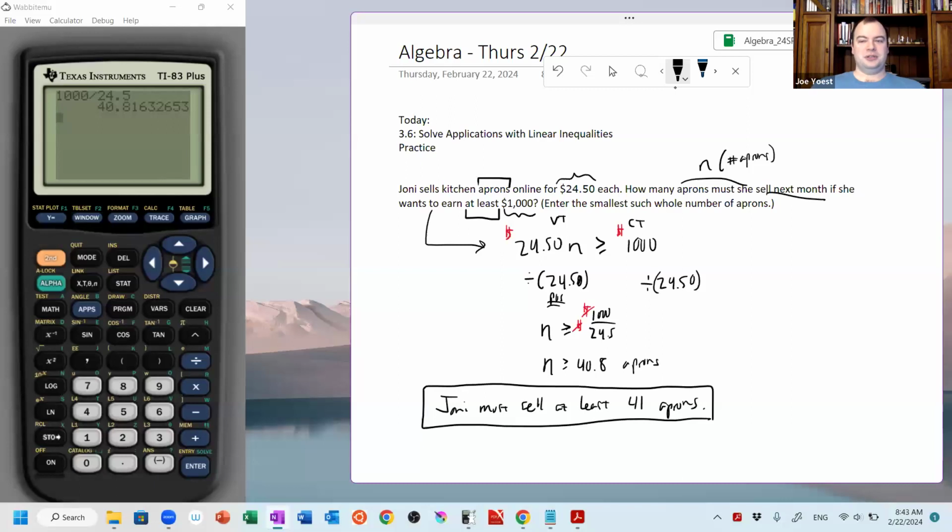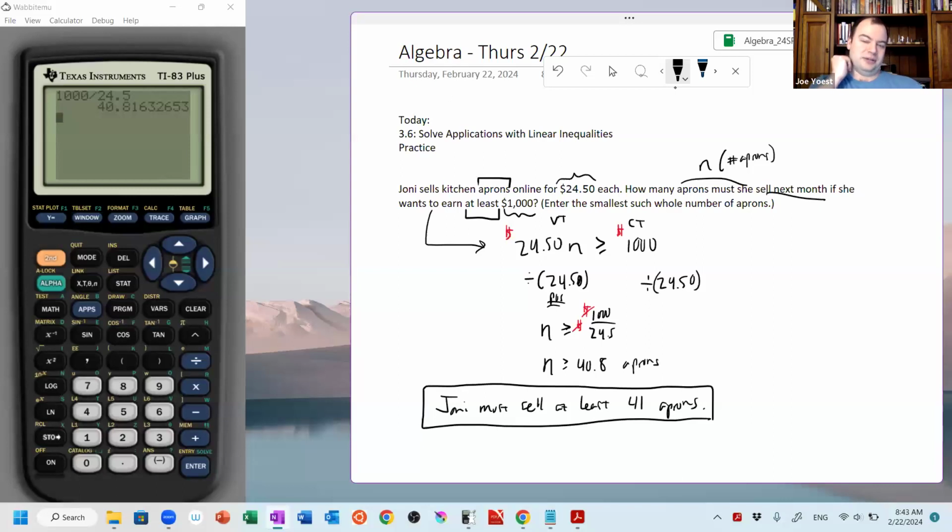I also noticed that this is a pretty reasonable answer. I didn't say that she has to sell 20,000 aprons. That wouldn't make sense at all. I didn't say that she has to sell negative 40 aprons. I didn't say that she has to sell 3 aprons. Those would be examples of answers that we could pretty readily see from the context that that's not right.